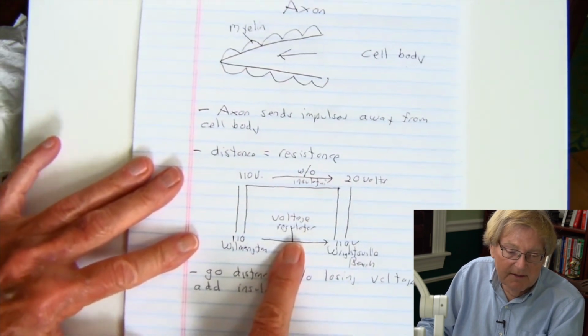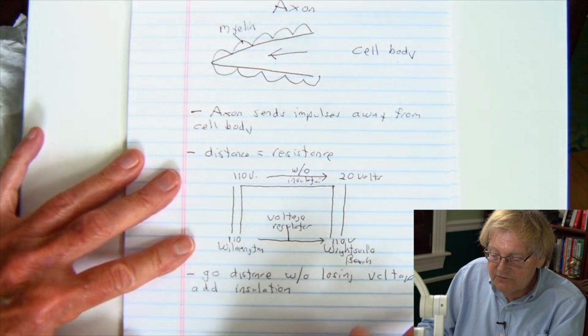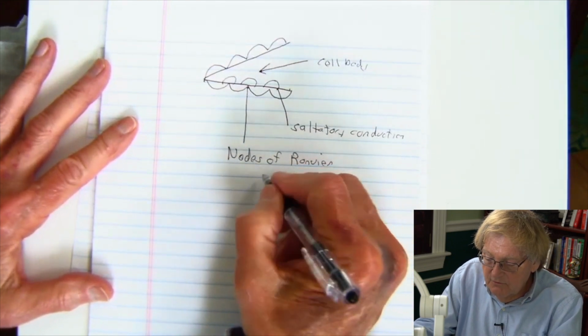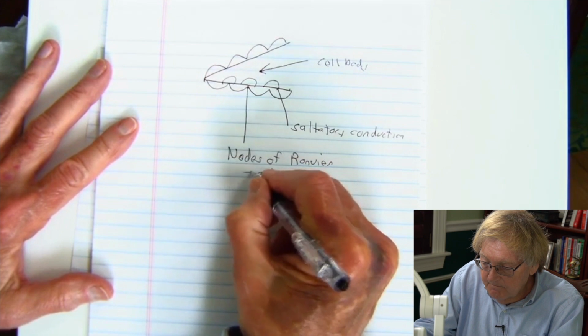So if you just back up to the page before that, you'll notice that I put this voltage regulator in here. I could also say that that voltage regulator is really analogous to that structure called a node of Ranvier. So that node of Ranvier is going to act as a regulator.